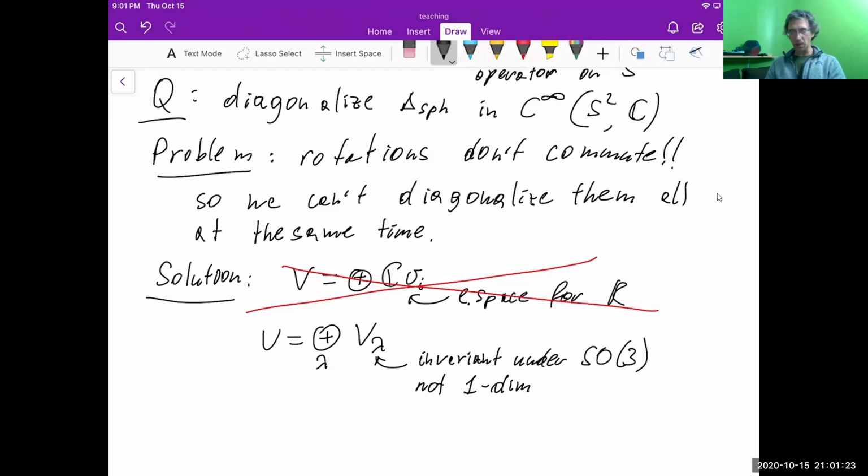So if you can decompose the space of functions on the sphere into simple representations of the group SO3, then there is a general argument which says that in this case we can get the same result as before. As soon as you have done that, you automatically have diagonalized any operator which commutes with all rotations, in particular our spherical Laplace operator.